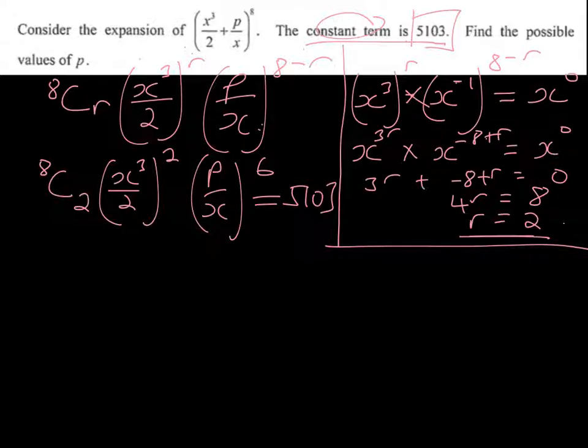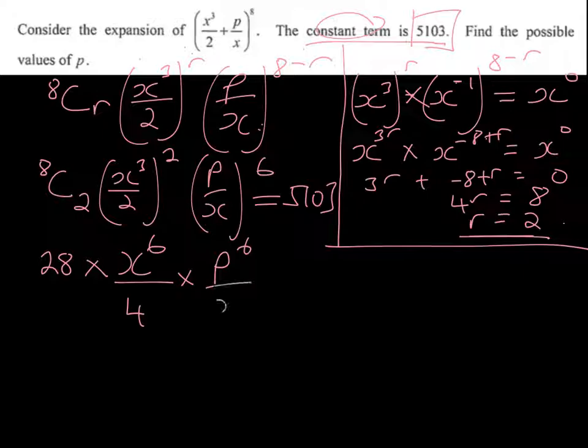So we can now continue to work this out. On our calculator, we find that 8 choose 2 gives us 28, and that's multiplied by x cubed to the power 2, which gives us x to the 6, over 2 squared, which gives us 4, multiplied by p to the 6 over x to the 6. And lo and behold, you can see those x terms will cancel out, and that gives us 5,103.